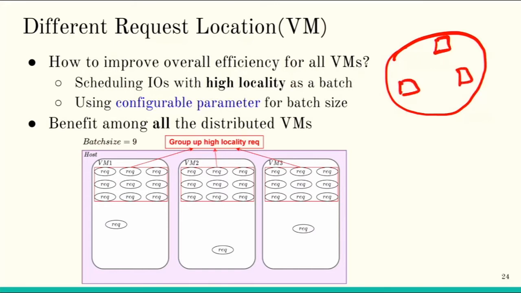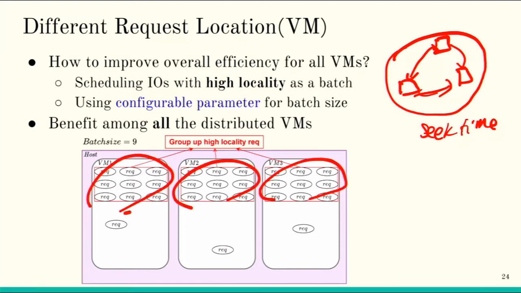If the block locations are different here, we need seek time, which is a relatively long time compared to transfer time and other component times. The mClock algorithm will try to improve the performance by waiting a little time but processing in a batch. For example, it will wait for several requests, like request 1, request 2, request 3.